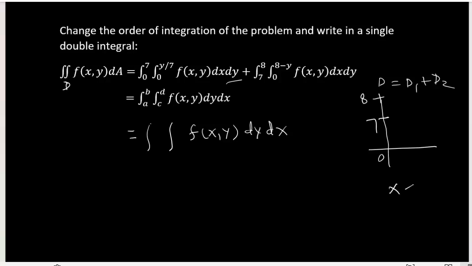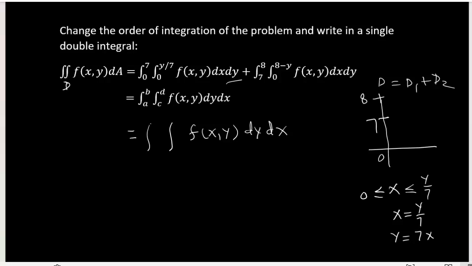That means x is less than or equal to y over 7 and greater than or equal to 0. From here, we can easily see that x is y over 7, so then y equals 7x, right? That we can easily see.